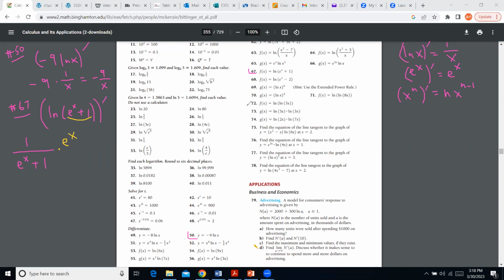I can try one more exercise, let's say number 69 here, that says take a derivative of ln of x, which is raised to the power of 4. When you look at this function, the outside piece will be the 4th power.